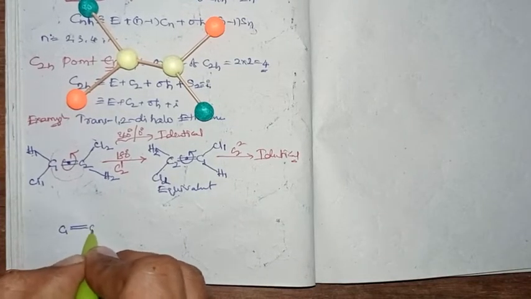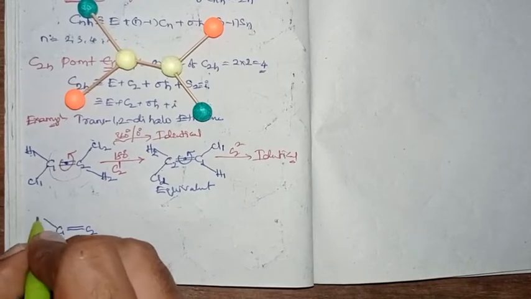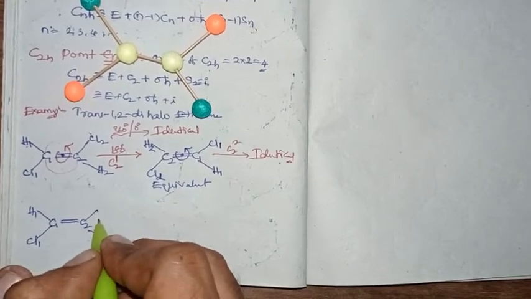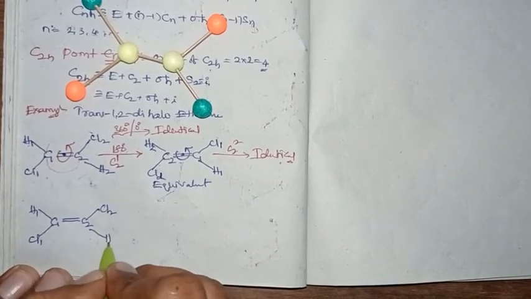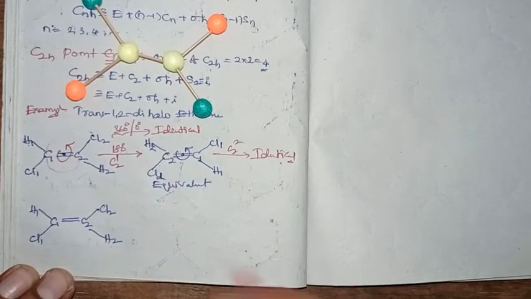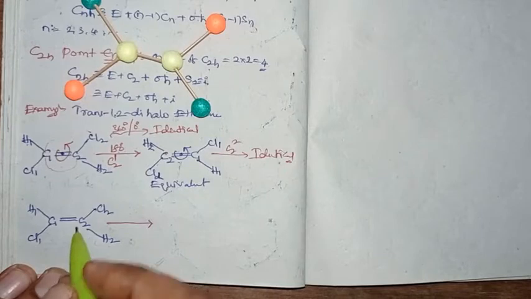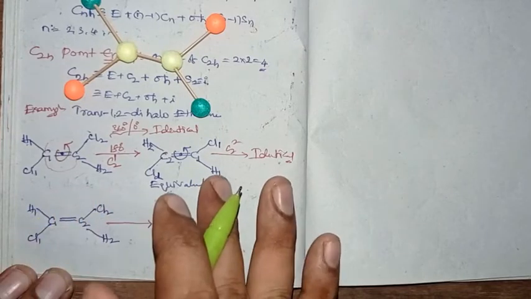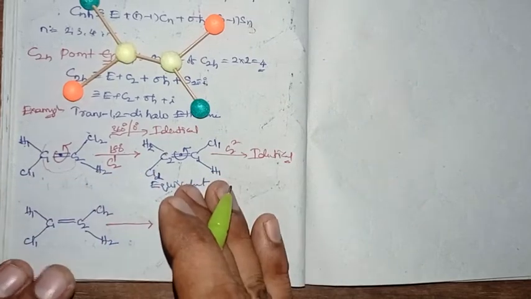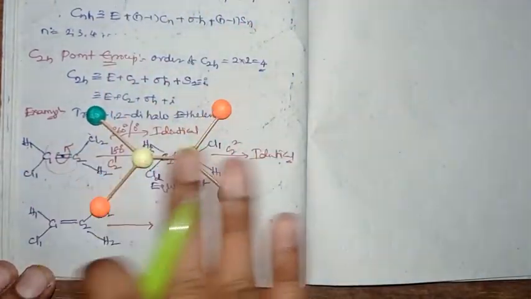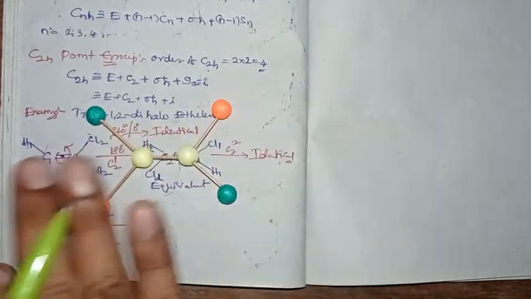Carbon 1, carbon 2, H1 and chlorine 1, Cl2, H2, right? This molecule is a two-dimensional molecule, which means all the atoms, as you see in this model, can be placed in one plane.